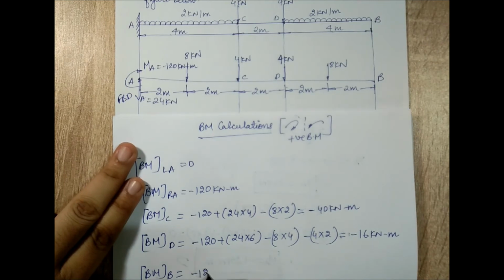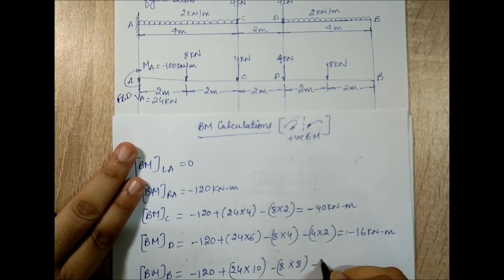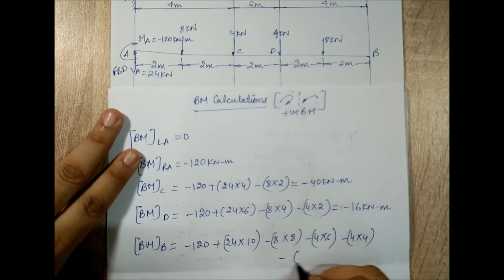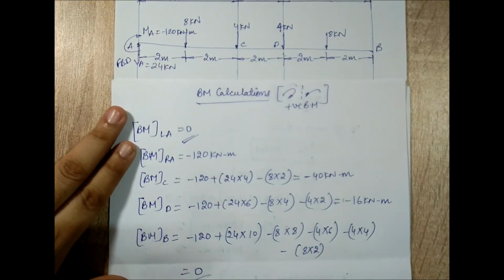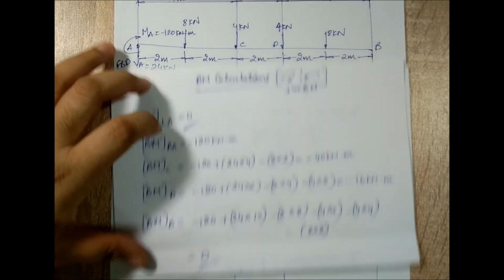So I'll write down minus 120 plus 24 into 10 minus 8 into 8 minus 4 into 6 minus 4 into 4 and minus 8 into 2. I get the value as 0. So I start at 0, I end at 0, my values are correct and I can get a proper graph for it. Now let's plot the graph.